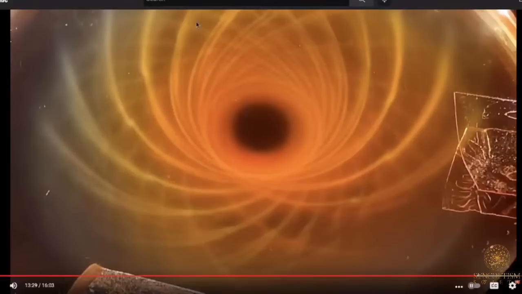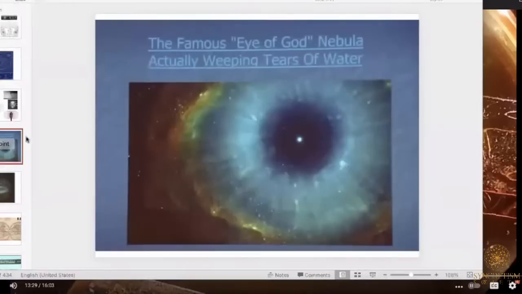I can show you how that is Krishna, you know. Look at this. The famous Eye of God nebula. Why do they call these bull? See the word bull there? Bulla? Bala? We learnt about Bala, didn't we? Remember? Bulla, the bull?